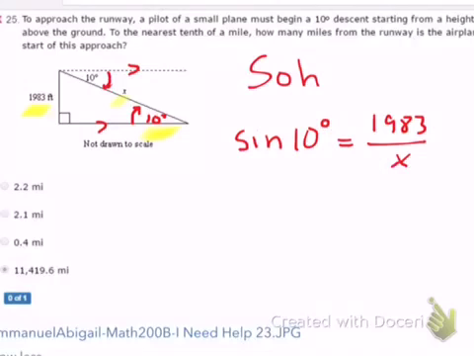Okay, now we will cross multiply and solve. So we cross multiply, you'd have x times the sine of 10 degrees, so you have to divide by the sine of 10 degrees to get that. I'm skipping some steps because I know you guys are good with your rules of proportions and how to cross multiply and solve.